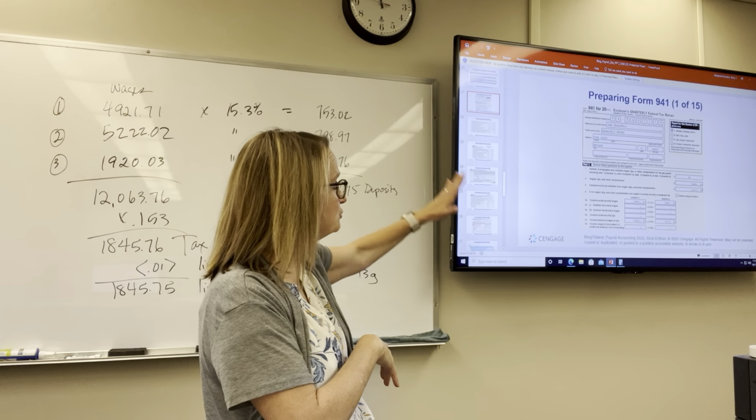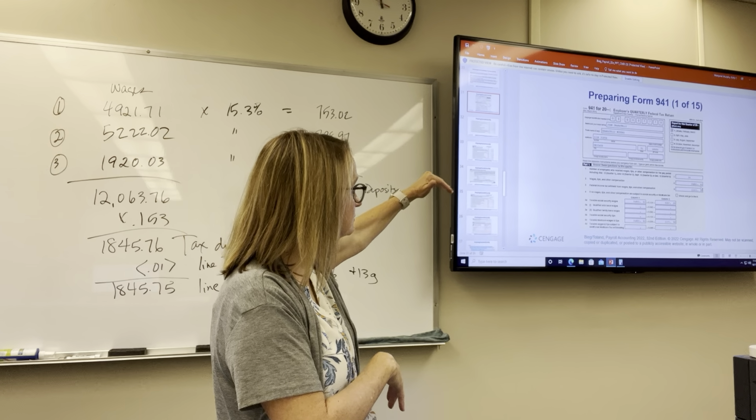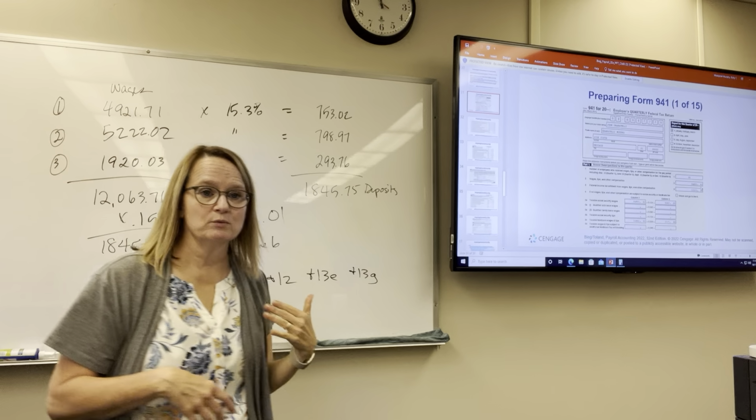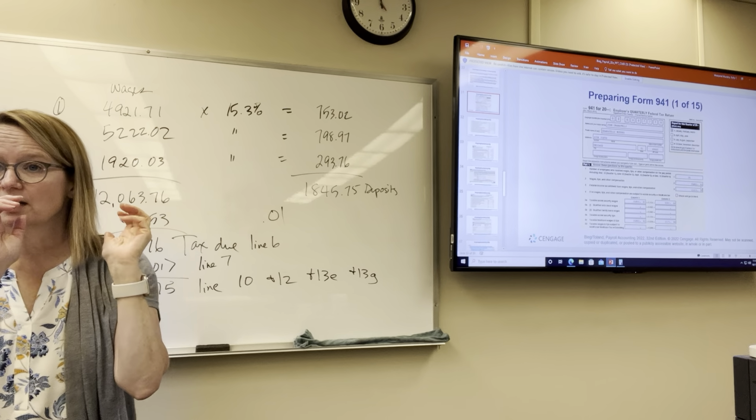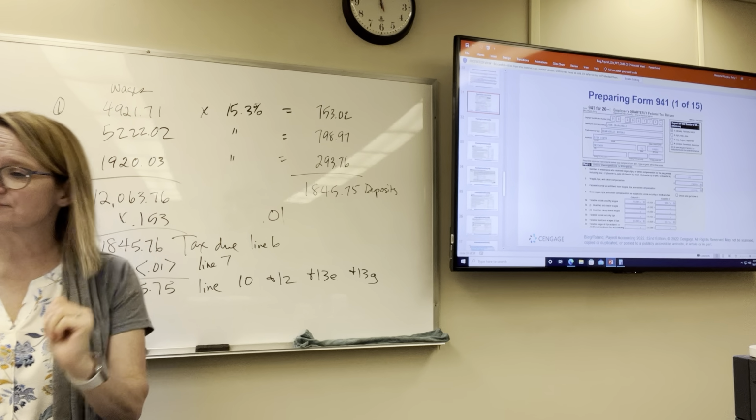So all 4 quarters, you would add up all 4 quarters of these 941s, and they would match the total of everything in box 1 of the W-2s.